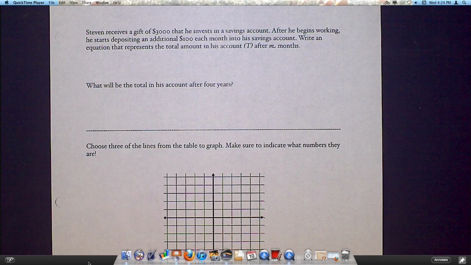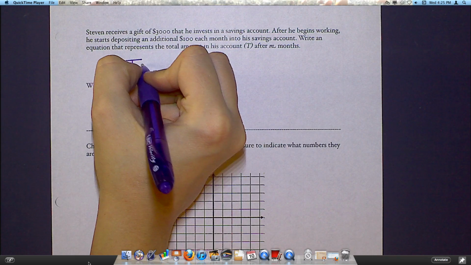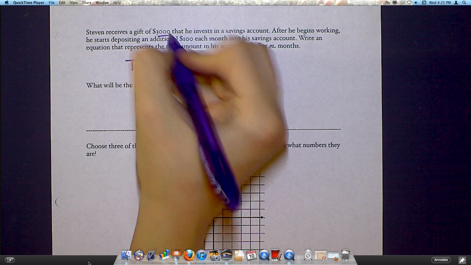We have one word problem to worry about here, and we did a warm-up similar to this, I think, last week. It says, Stephen receives a gift of $3,000 that he invests in a savings account. After he begins working, he starts depositing an additional $100 each month. So I want to know the total in his account after m months. So the total in his account starts at $3,000.